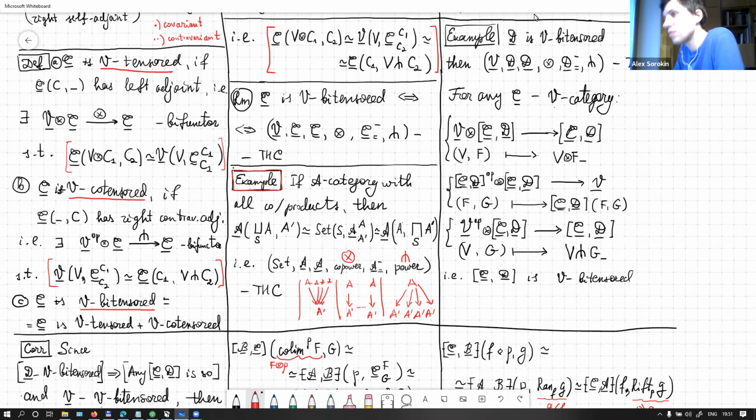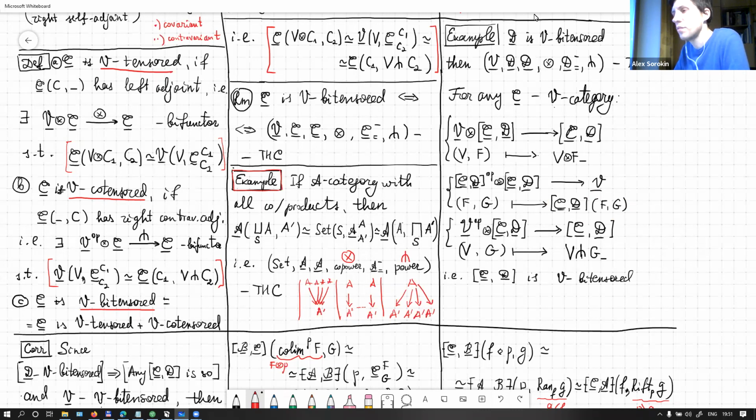What will be in the middle? Before, in the middle was Hom from one object in D to another one. Right now it will be the natural transformations from F to G, so the internal Hom in this category. That it is a Tensor-Hom-Cotensor situation, and now our category is bitensored.